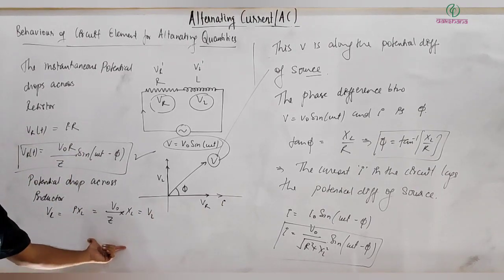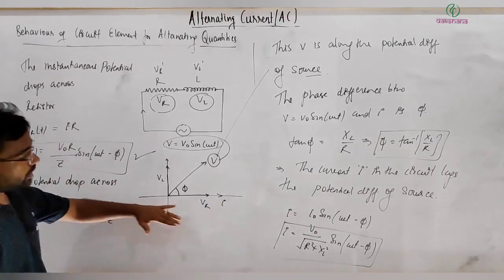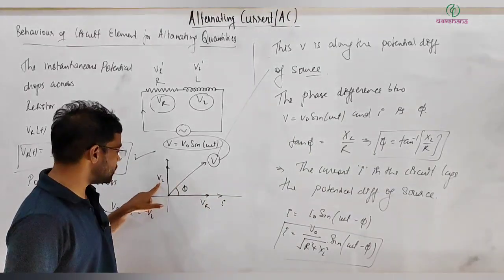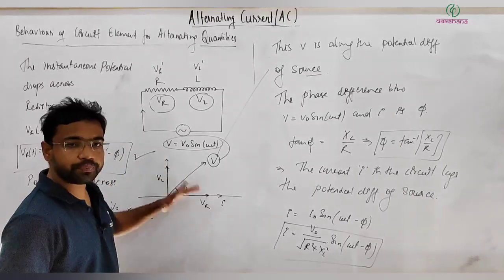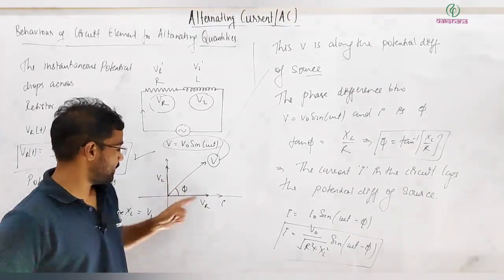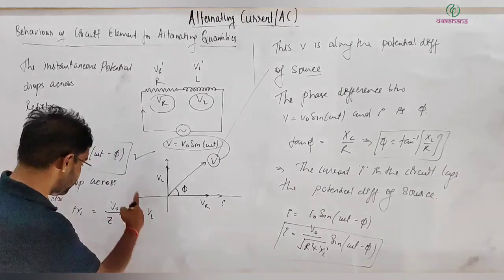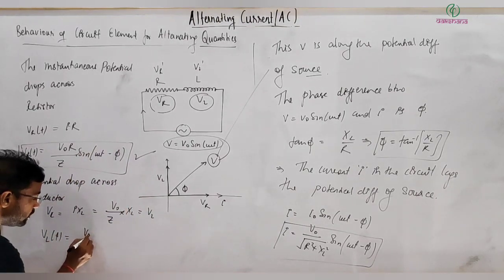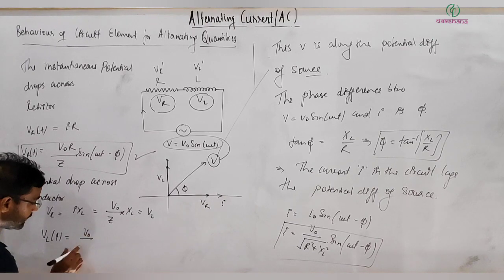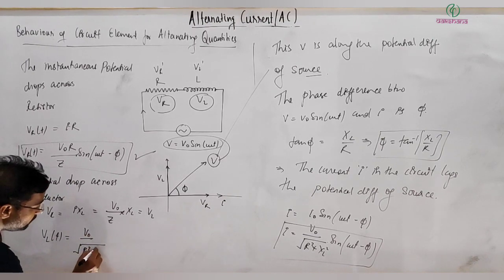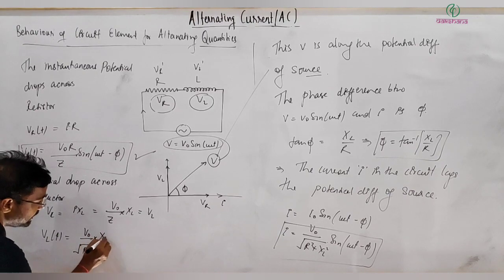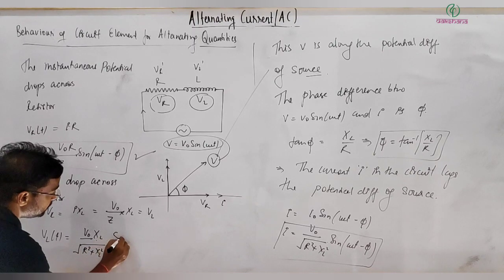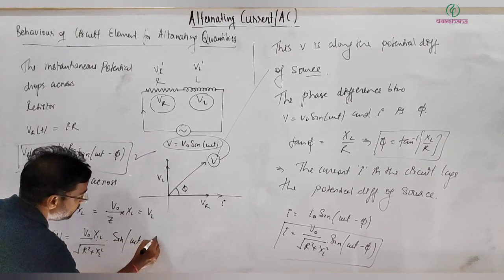But as a function of time, or instantaneous, I got the peak value, and whatever phase the current is having, the potential drop across the inductor must be leading the current by angle pi by 2. Clear? So that way I can write VL(t) is equal to V naught by Z, where Z I can write as the square root of R square plus XL square, multiplied by XL times sine of omega t minus phi.